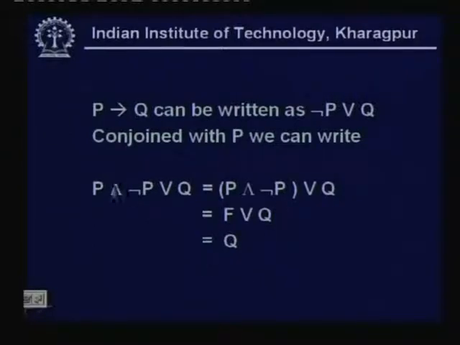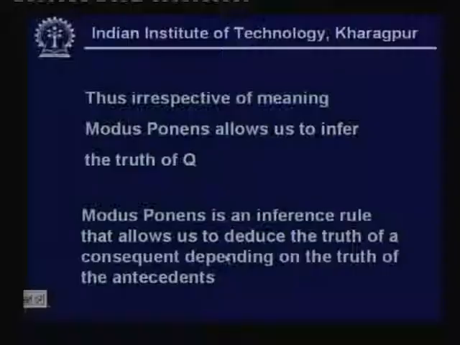That means if P is given and P implies Q is given, then we can certainly infer Q, and that is a very common and useful inference rule. And when we talk of a valid inference rule, it is irrespective of the interpretation.